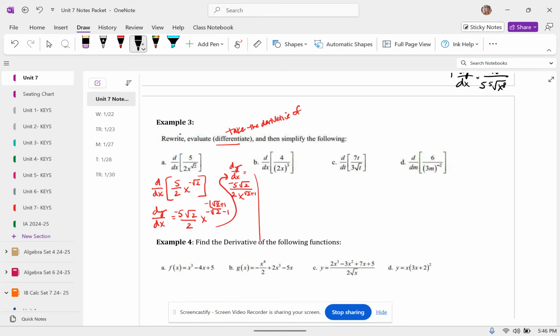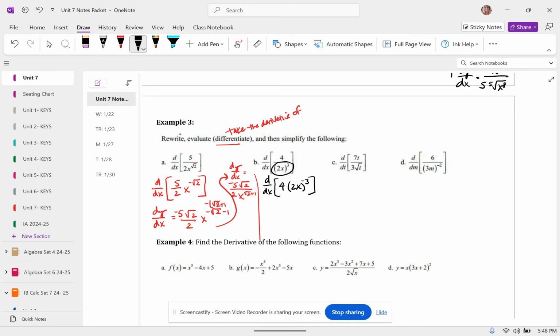Okay, so this one is a little sneaky because I have to bring this whole piece up from the denominator, so it's going to be 2x to the negative third when I bring it up, because the 2 and the x are grouped together in parentheses.